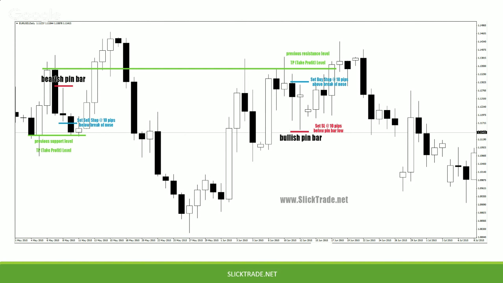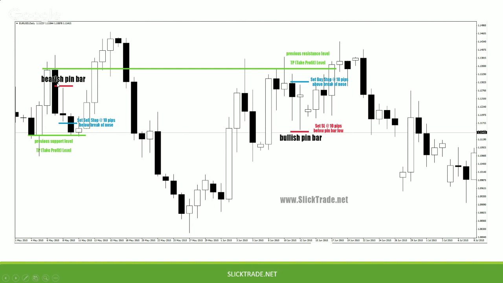The next thing from the previous lesson, the price of the body closed within the previous candle, so it's still a valid pin bar. And the last thing is that the tail is at least 3 times the body height here. So this is a valid pin bar.